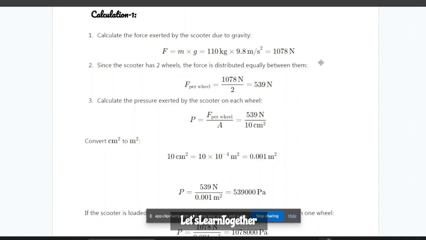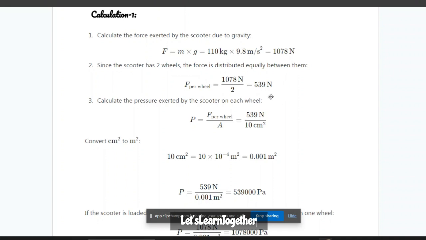So look, whatever force is acting on those two wheels, or whatever force that scooter has, must be divided by two if we want to find what amount of force is being applied on each wheel, because there are two wheels, right? That's why we divided the whole force by two, and we got 539 newtons.